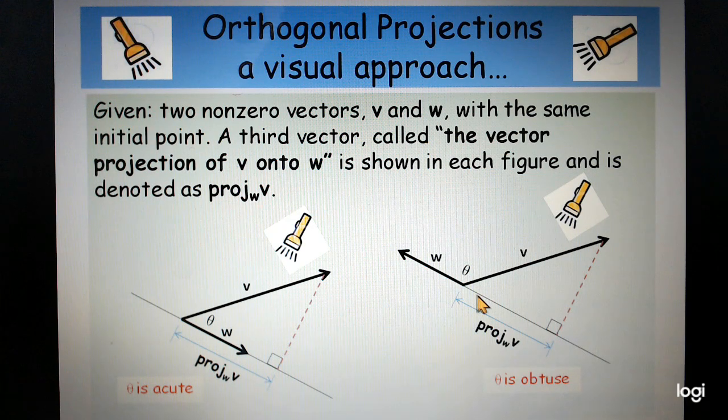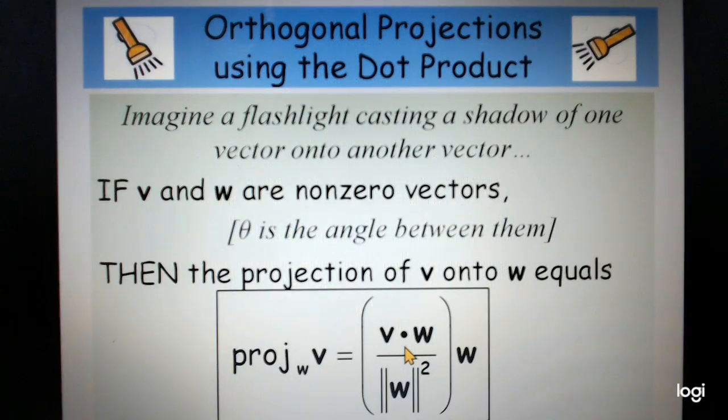It just happens to be that since theta is obtuse in this situation, the actual shadow or the projection is this length here. Okay, so it's on a line that w lies on, but we're going to call it the projection of v onto w. So when you see that word projection, you just think of shadow. Now what's going to happen is we're going to pick this up next time. Okay, so I'm going to stop here and we'll pick this up next time.